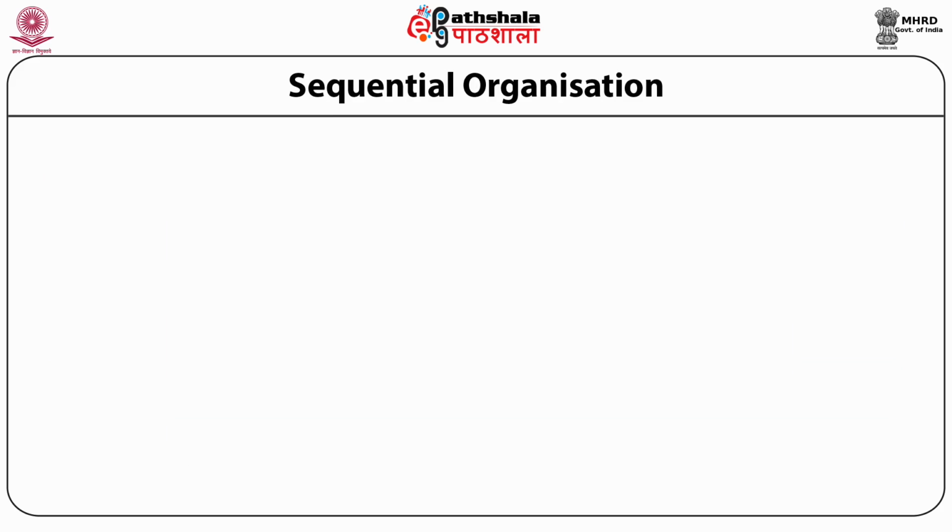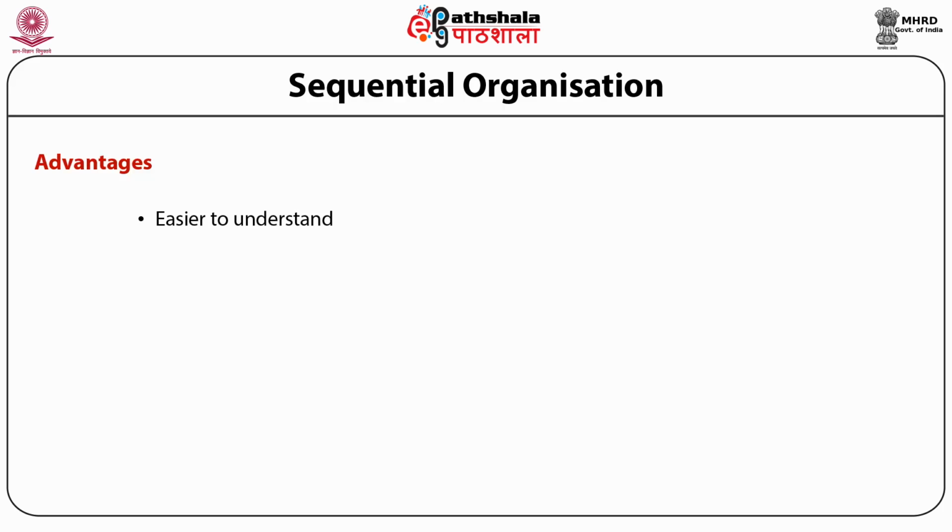Sequential organization has several benefits to its credit. The most important thing is it is easy to understand. As you know, data is stored in a sequence one after another. So while reading the data, it is easy to read, and we can understand the organization more easily.